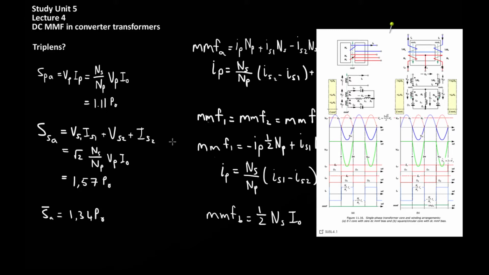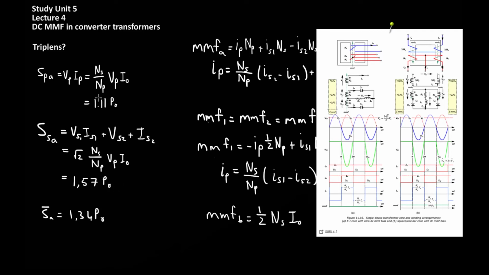the design characteristics of the transformer, one needs to look at the power rating for the secondary and primary coils in the transformer. So for example A, where there's a shared core, the primary power rating is 1.11 times the desired output power, and for the secondary coils the power rating is 1.57 times the desired output power.